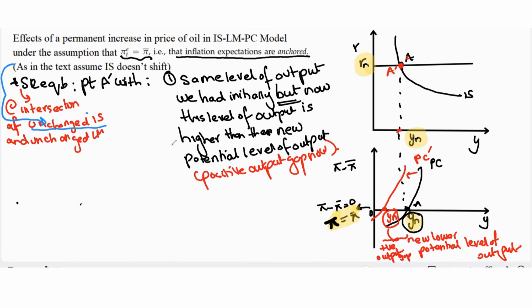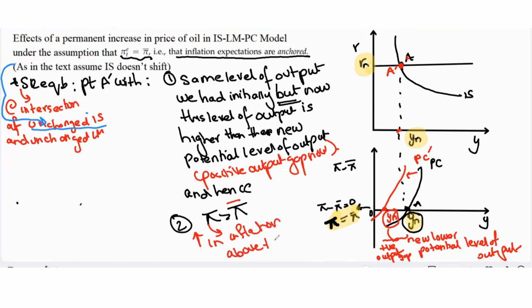Earlier the output gap was 0. And because output is above the potential level, we know from the Phillips curve, whenever output exceeds the potential level, pi is greater than pi bar, right? There's an increase in inflation above target. Initially, at point A, inflation was at target. Now we have an increase in inflation above target, and we've already discussed this in detail when we were looking at the Phillips curve.